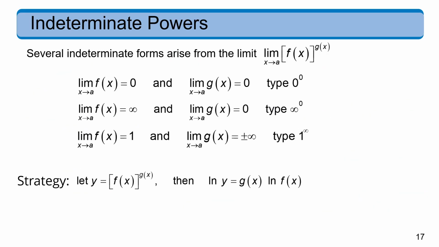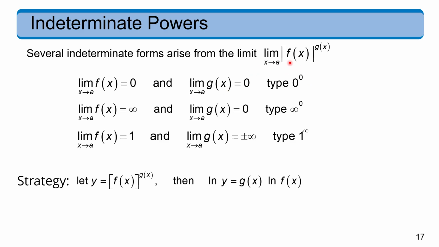So next we have some more indeterminate forms that we call indeterminate powers. We mentioned these earlier. So these happen when you're taking the limit of a function of x raised to another power that has x in the power. And if the base part, the function f, is approaching 0, and also the exponent is approaching 0, we call that type 0 to the 0.